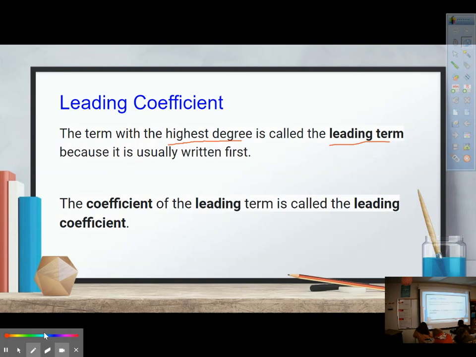You have to make sure it's written in standard form first, and then whatever number is right there in the front is your leading coefficient.